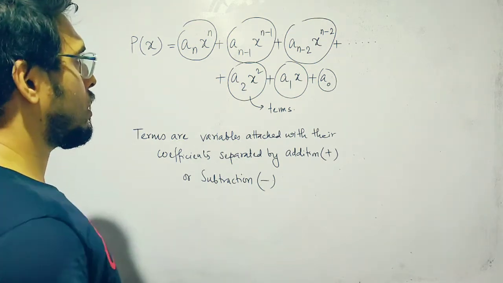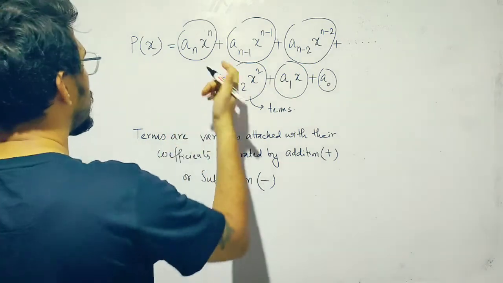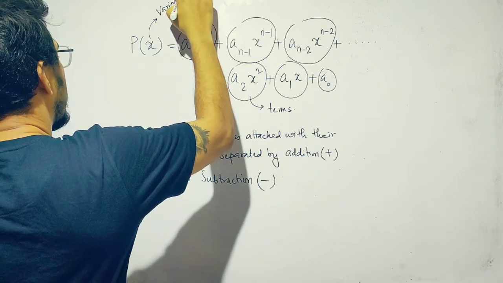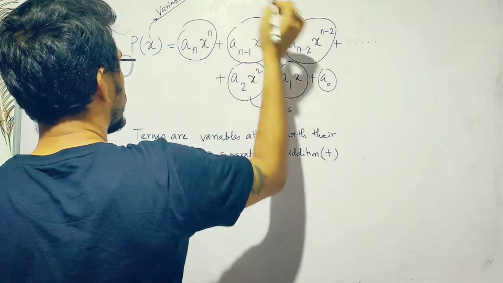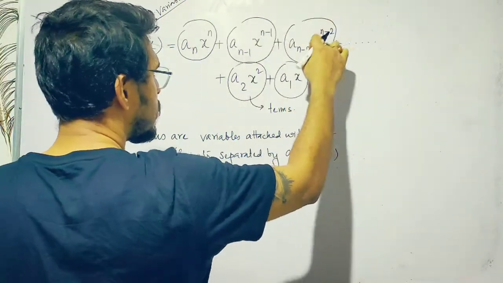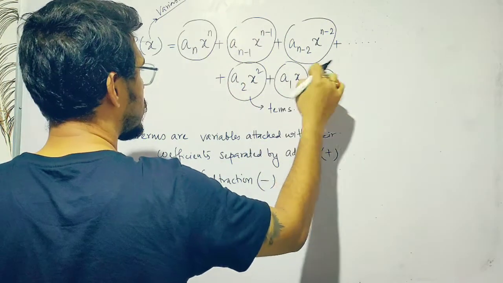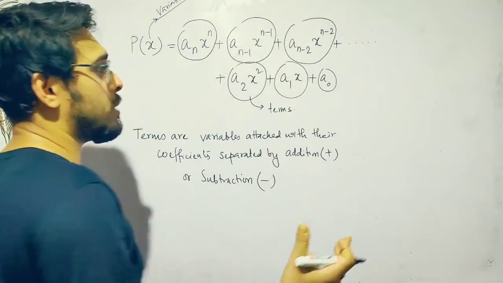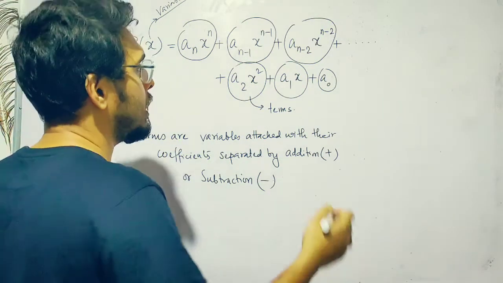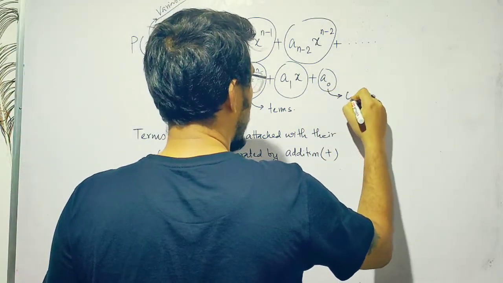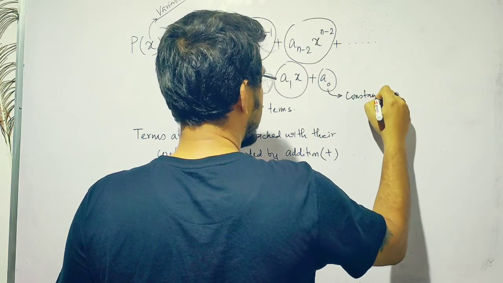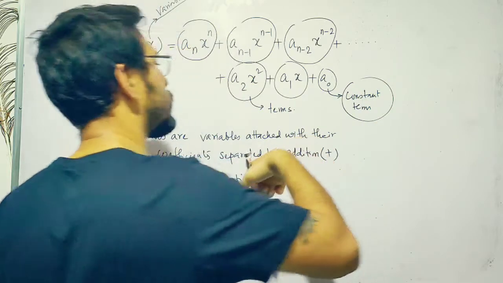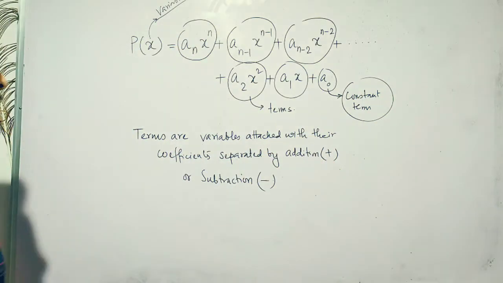Now, what exactly are variables? As you know, x is a variable. Similarly, this x is also a variable, this x is also a variable, all of them are variables. Whenever there is a term where there is no variable, that term is known as a constant term. This is also a term. Though there is no variable, this is also a term. This is known as the constant term.